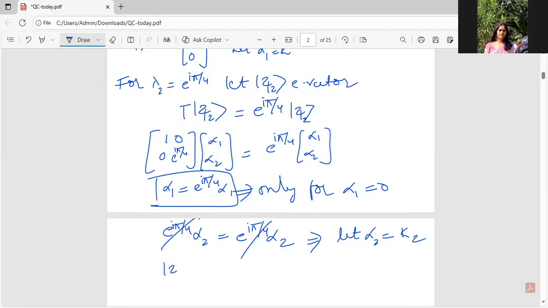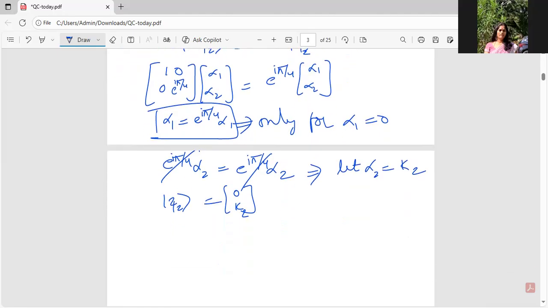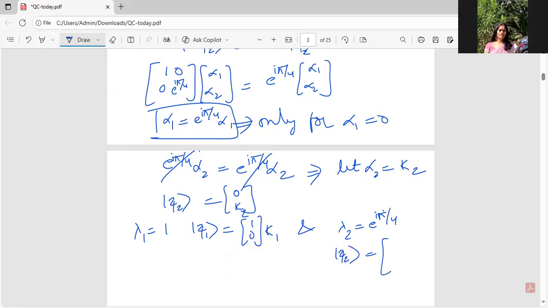So ket xi 2 would be something like 0, K2. Now what are the eigenvectors? For lambda 1 is equal to 1, eigenvector ket xi 1 is equal to 1, 0, K1. And for lambda 2 is equal to e power I pi by 4, ket xi 2 is equal to 0, 1, K2.